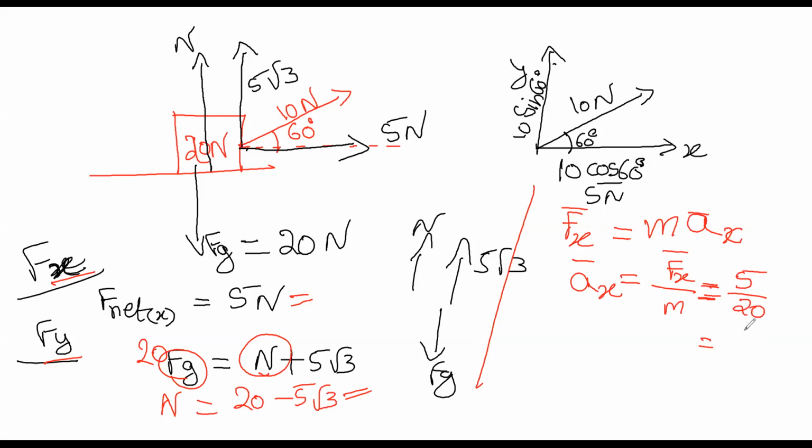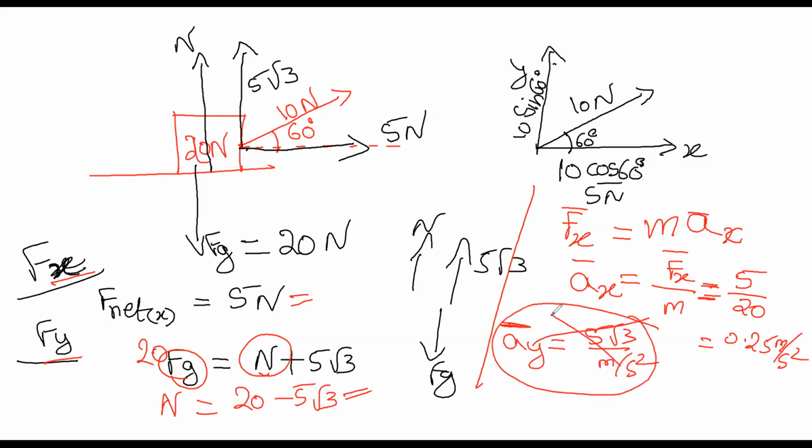So we got it as 1/4, 0.25 meters per second square. Now, what is the acceleration in y direction? 5√3/20 meter per second square. Oh no, sorry, that's wrong. You have to add the other forces as well.